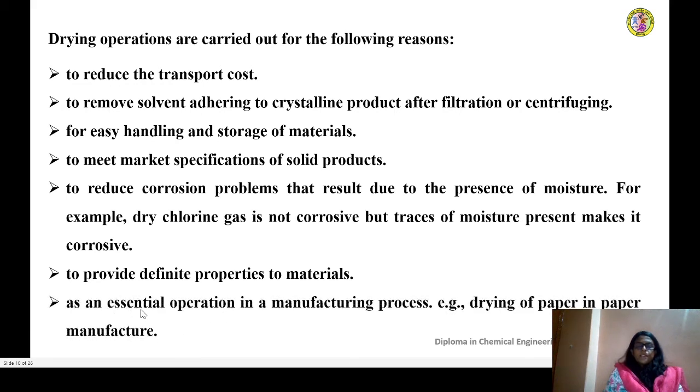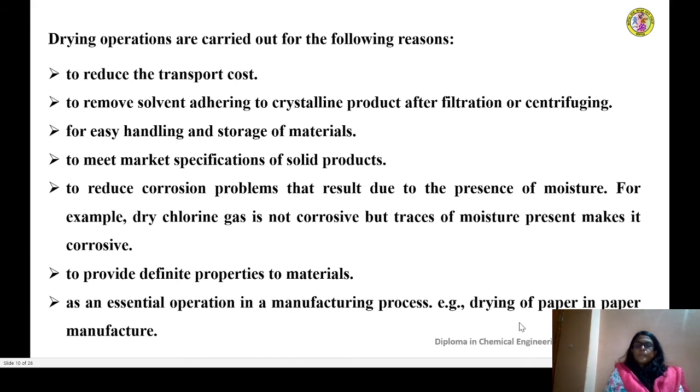Drying is also an essential operation in the manufacturing process. For example, drying of paper in paper manufacture. Paper manufacture involves drying as an essential step because paper after its production and sizing has to be dried before it can be used as an end product.